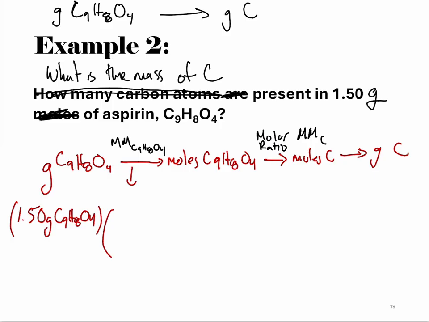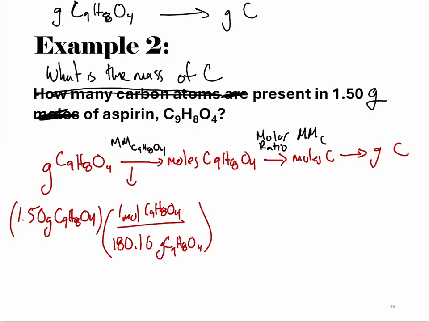In the numerator or the denominator? The denominator. And how do we know that? Well, the only way the units of grams are going to cancel out, and we end with units of moles, is if we do things this way: 180.16 grams C9H8O4 per 1 mole C9H8O4.